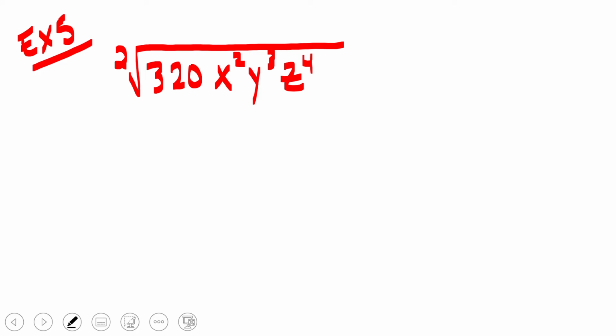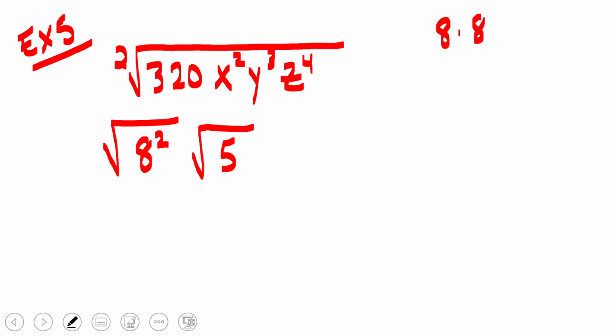And what we would get is the square root of 8 squared times the square root of 5. So think that through. That looks like 320. So this time we worked a bigger value with a smaller exponent.